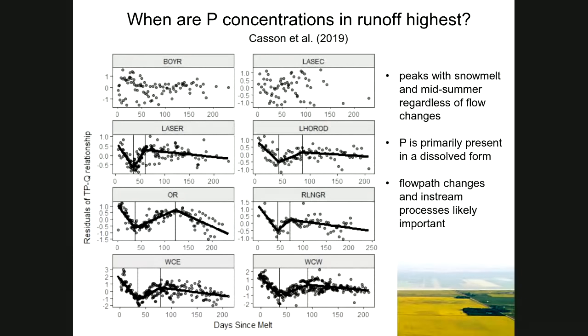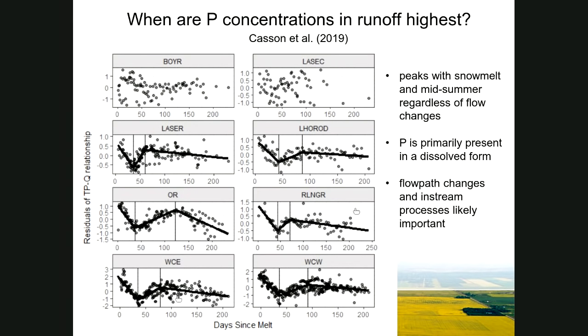most also show a consistent and even stronger temporal trend within season when it comes to phosphorus concentration. And so there's a peak at the beginning of snowmelt, and again as stream temperature nears its peak in early summer. So what's shown in this figure are the residuals from concentration discharge relationships, or just deviation from the mean concentration if there is no significant concentration discharge pattern.